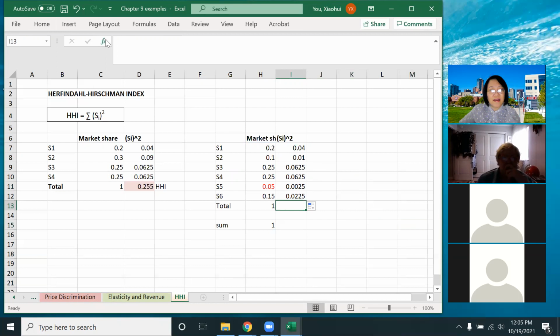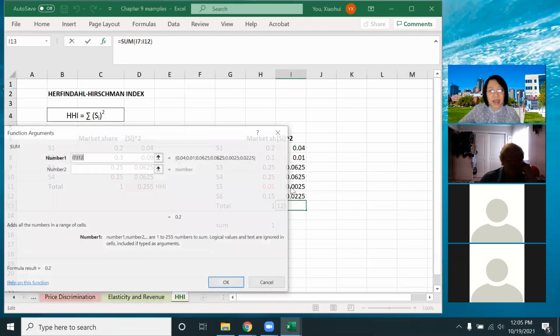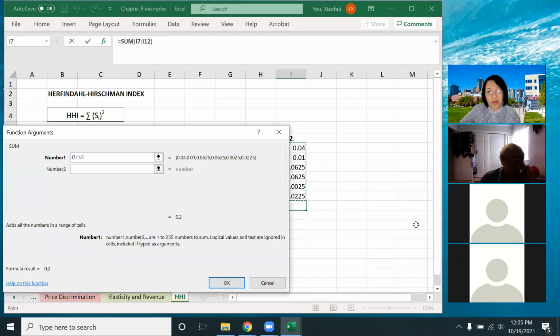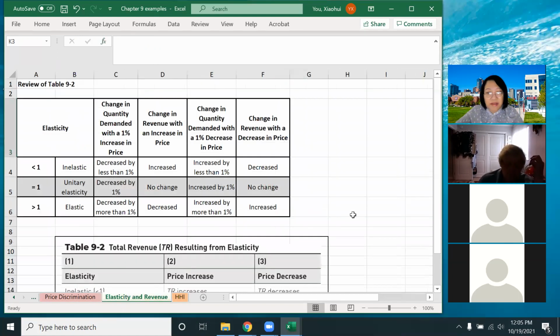Choose this cell, click fx, sum, okay, choose all these values and click OK. See, this will be the Herfindahl-Hirschman index. So this is how to calculate. Okay, great.